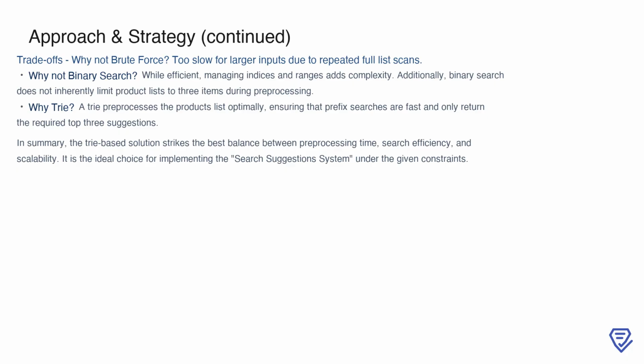This balance of preprocessing time, search efficiency, and scalability makes the tree the ideal choice for implementing the search suggestions system. Under the given constraints, the tree-based approach provides the best trade-off between time complexity, space complexity, and practical usability, making it the most efficient and scalable solution for this problem.